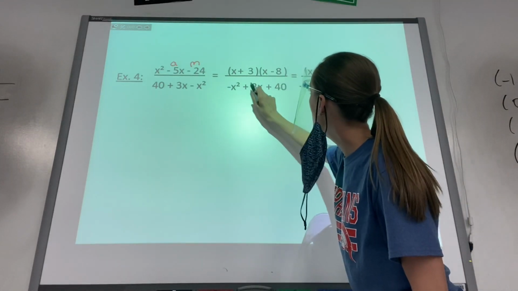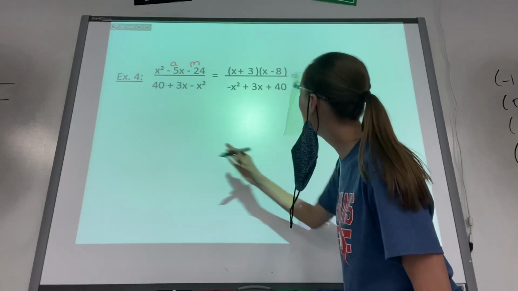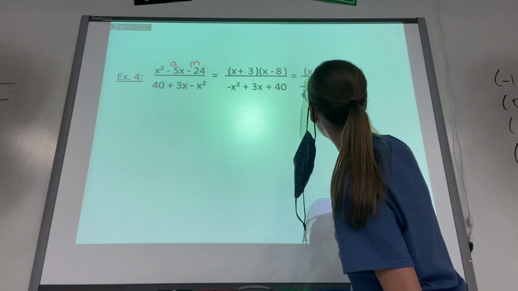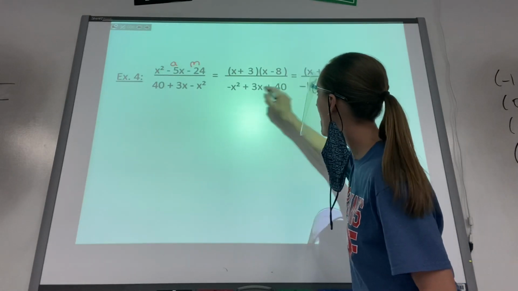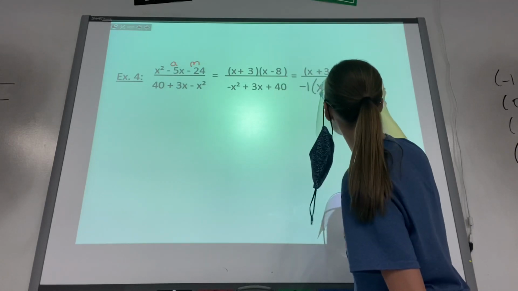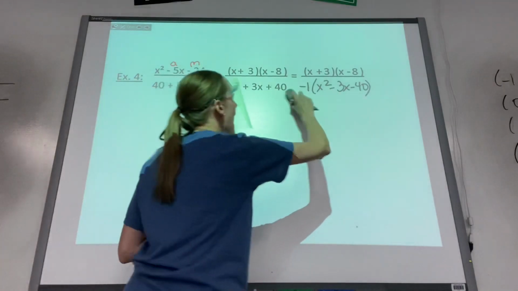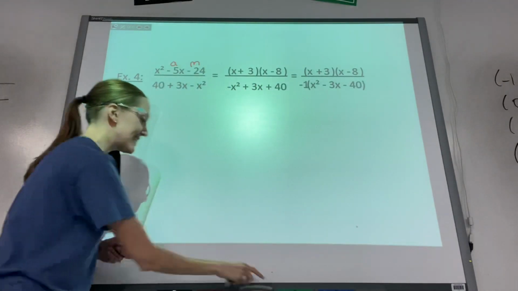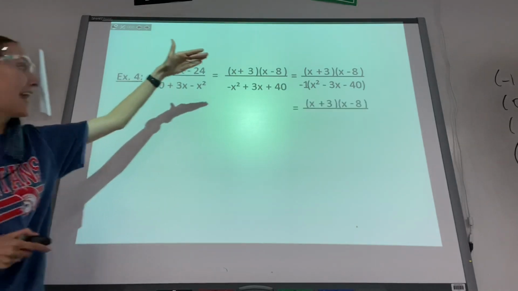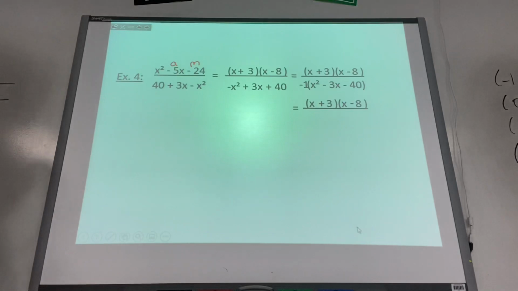If you take all three of these terms and basically divide them by -1, that would be a positive x squared, negative 3x, and then a negative 40. I'm going to do it like this. And again, the top part is just kind of hanging out for a little bit while we work on the bottom.